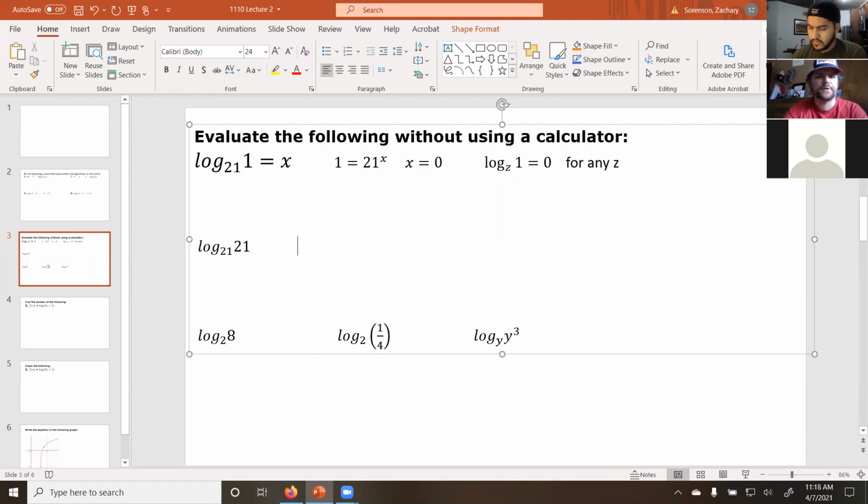Now, similar concept to the second question, log base 21 of 21. Well, if we want to be extra careful, if we want to understand the why of this property, let's convert it again. Let's say I don't really know what this is equal to. Let's put a placeholder of x.